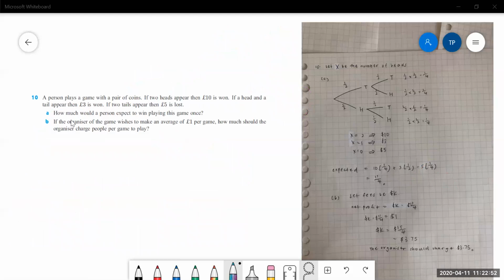So part B. If the organizer of the game wishes to make an average of $1 per game, how much should the organizer charge people per game to play?